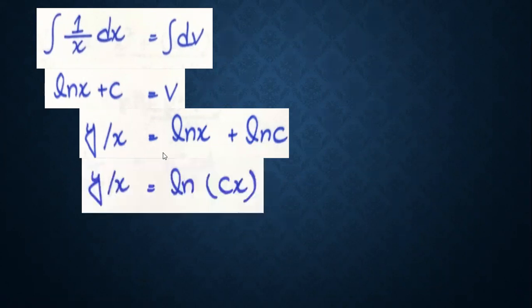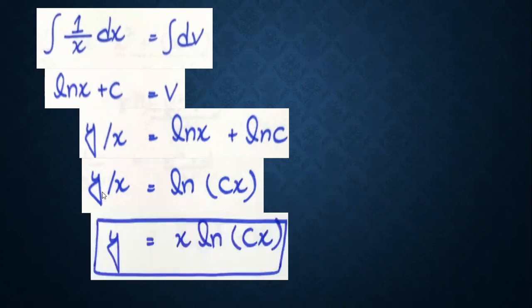So the sum can be replaced with a product by the log rules. And further, to find y, I will just multiply by x on the other side, and we will have y is equal to x times natural log of (c times x). So that is our required solution.